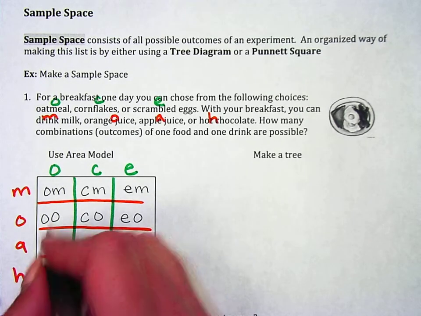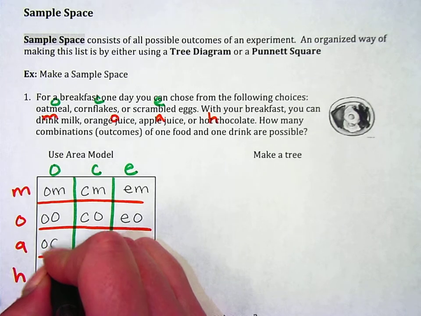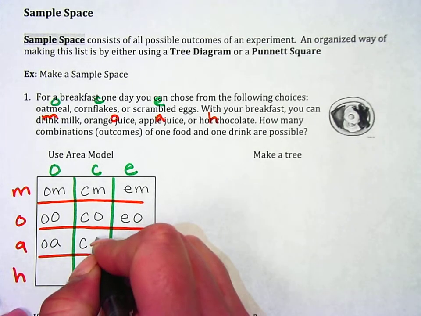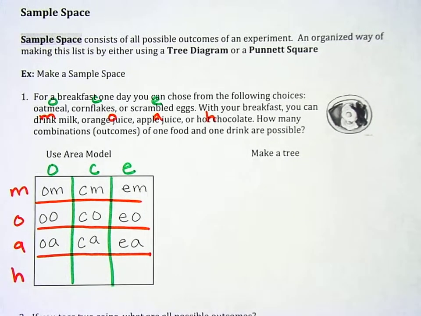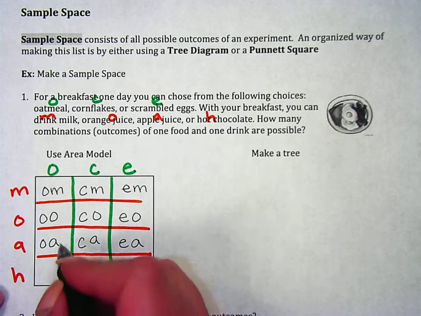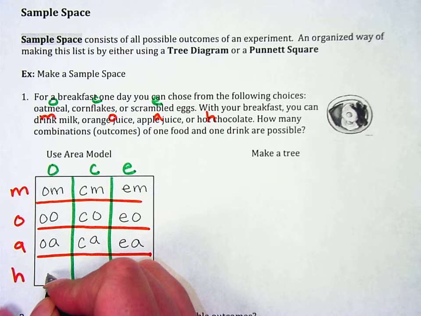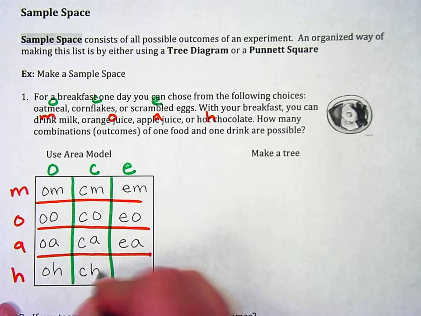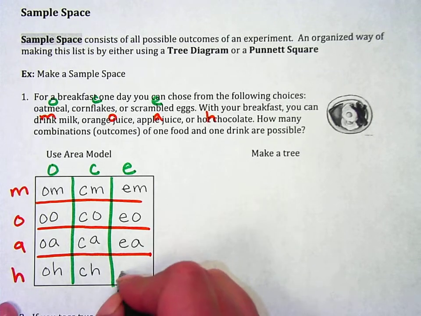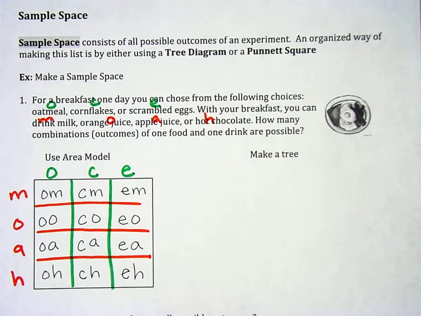I then could either choose oatmeal and then apple juice, cornflakes, apple juice, eggs, apple juice. Last one, hot chocolate with oatmeal. It sounds a little gross, but yes, it's a possibility. Oatmeal, hot chocolate, cornflakes, hot chocolate, or most likely, probably eggs with hot chocolate. But all of those are possible combinations.